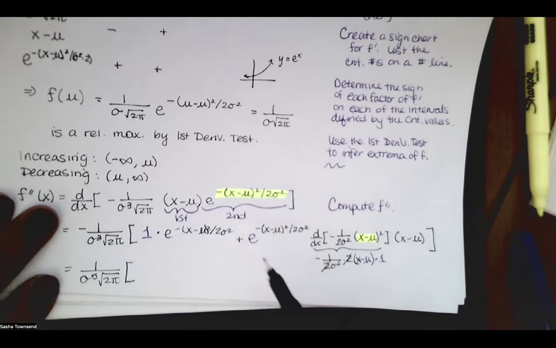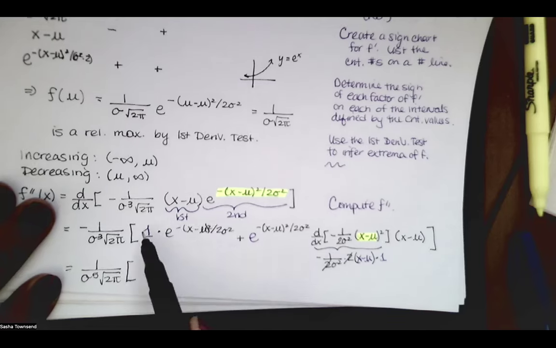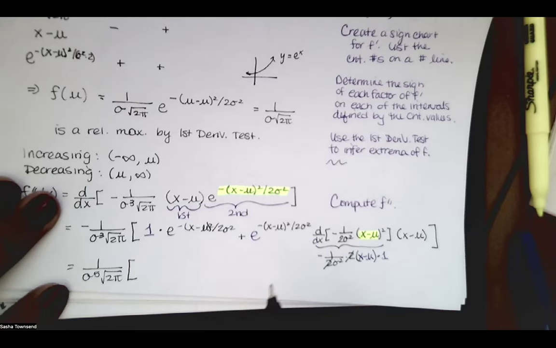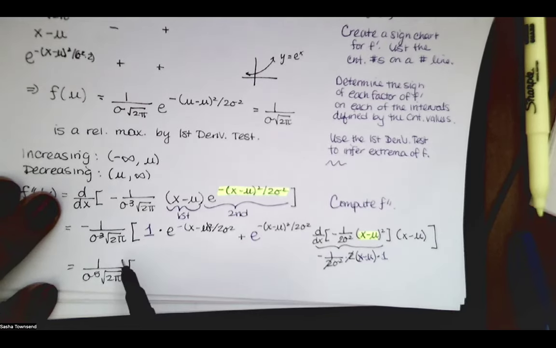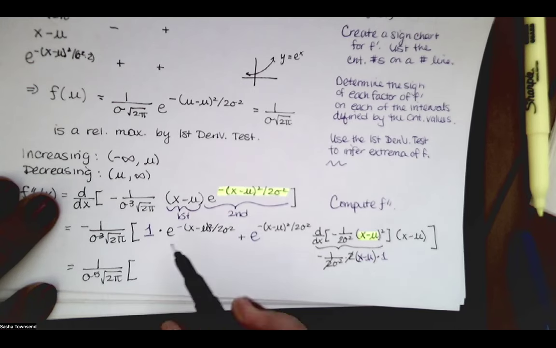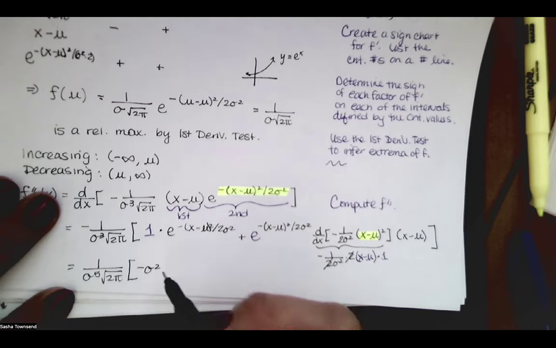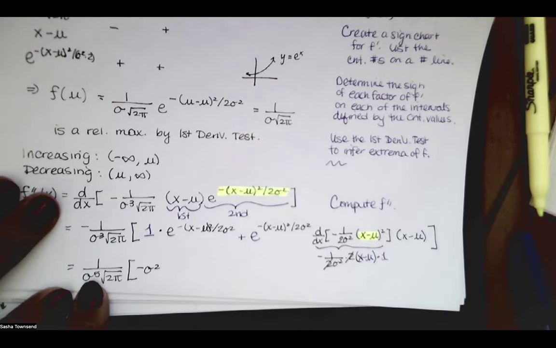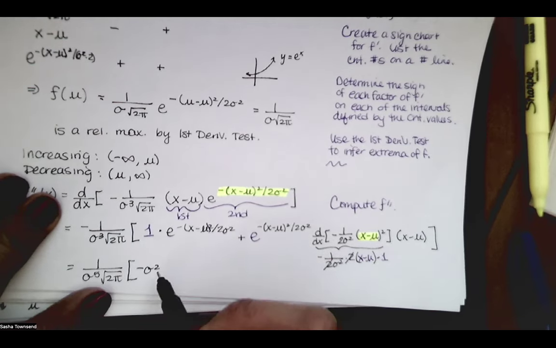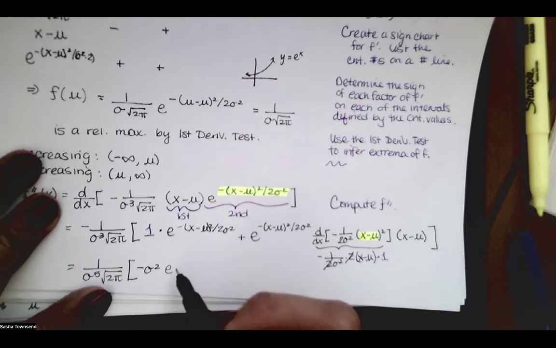But be careful here. We didn't actually have a negative 1 over sigma squared for this expression. So you say, well, okay, well, what do we have to multiply this by? Or actually, what do we have to multiply this by so that the coefficient here as a function of sigma times this gives us this? Well, it's going to be a negative sigma squared. Because negative sigma squared divided by that sigma to the fifth is going to give me that negative 1 over sigma cubed. So I've got negative sigma squared times our exponential.